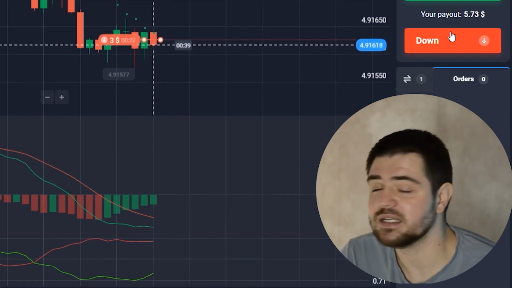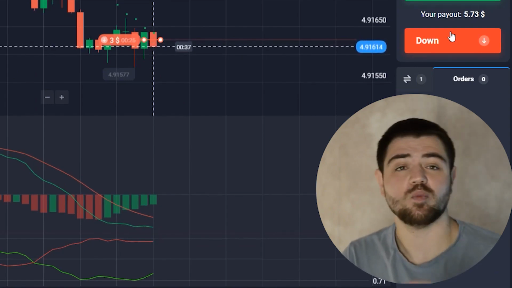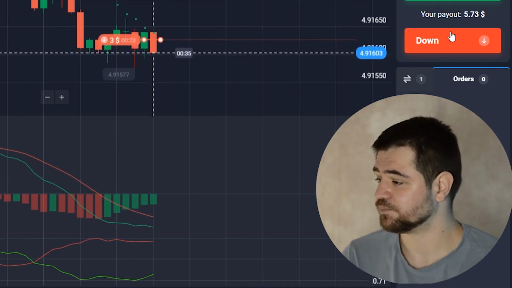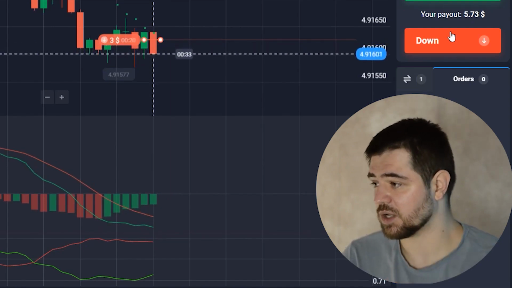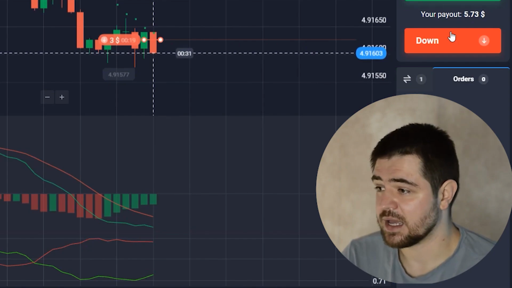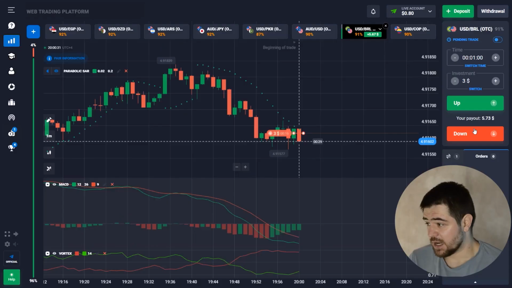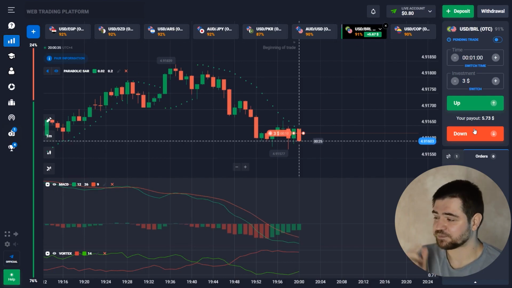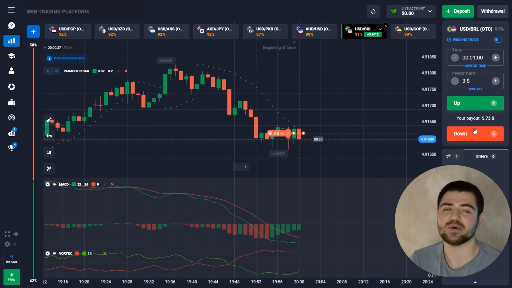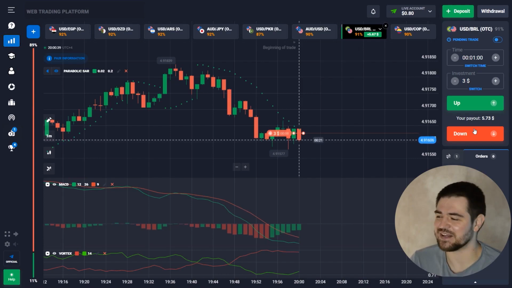Also MACD, as you can see, is going down, and parabolic SAR is also showing down. So let's wait for the result and continue.